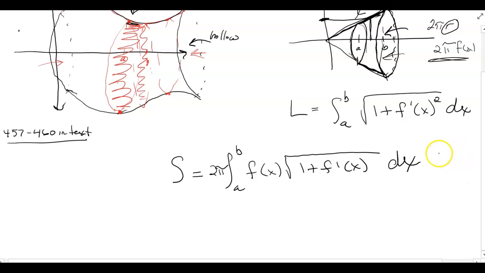And this is, of course, if we are revolving about the x-axis. You all know by now we can make a slight change to this formula.